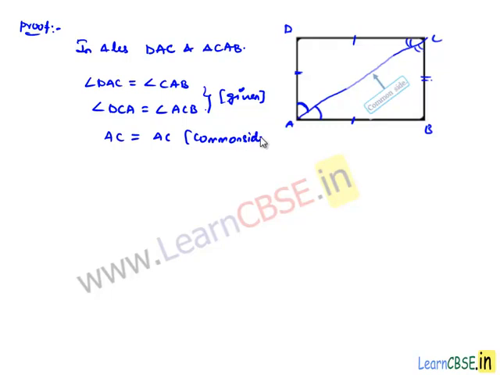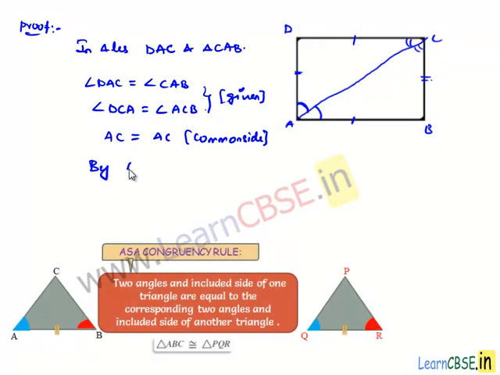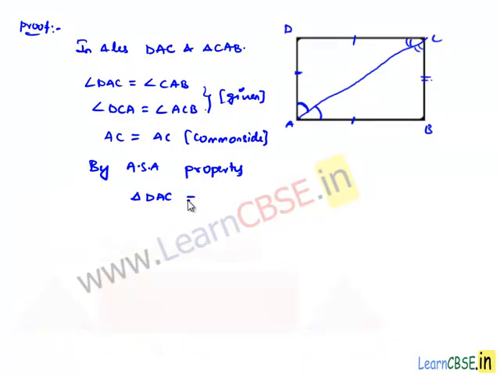So here the two corresponding angles and a side in both the triangles are equal. So here we can say according to ASA property, triangle DAC is congruent to triangle BAC. So here, as two triangles are congruent, we can say the corresponding sides and corresponding angles will be equal. Therefore, the corresponding side of DA is AB.